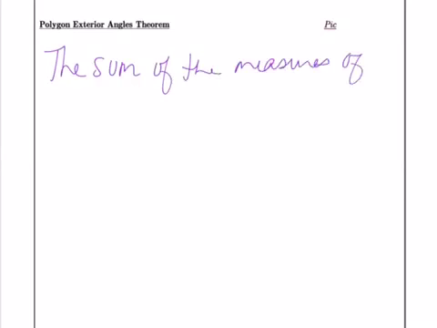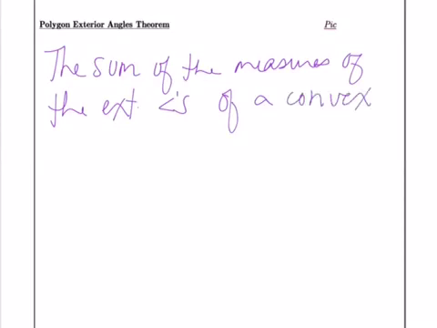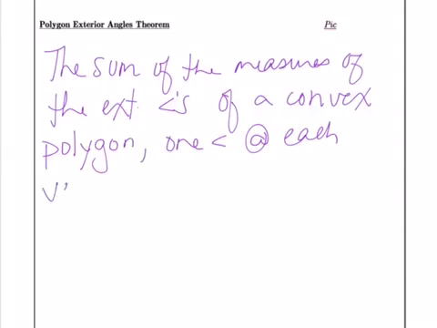Polygon exterior angle theorem. If we're going to talk about the exteriors, we need to know that the sum of the measures of the exterior angles of a convex polygon, convex meaning that you cannot have any point inside, one angle at each vertex, is 360 degrees.